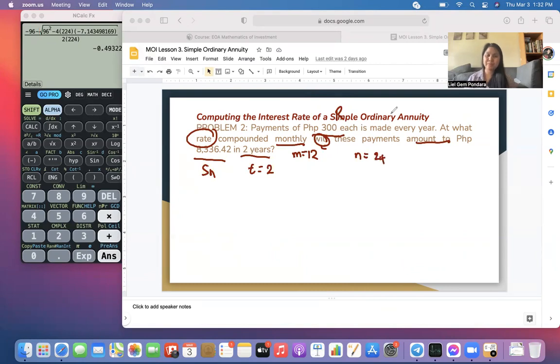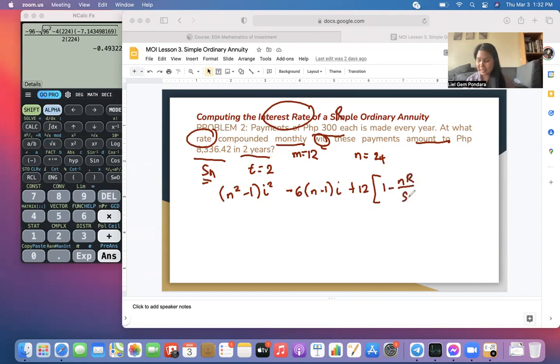Very good. 24. Now, we are looking for the interest rate, and the given is the future value. So we'll be using the other formula. The other formula is n squared minus 1 I squared minus 6 times n minus 1 I plus 12 times 1 minus nr over s sub n equals 0.